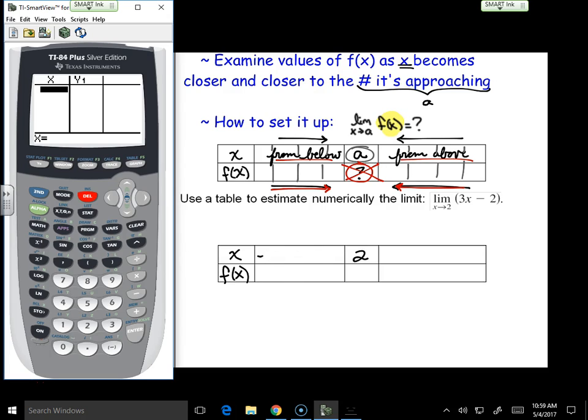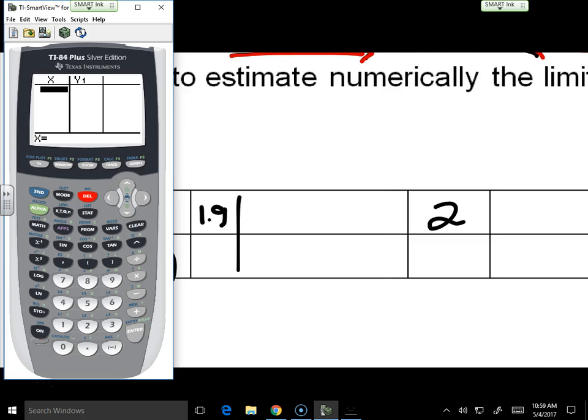So instead of starting from far away, we're going to zoom in super close. And that's just the beginning. 1.9, how close is that to 2? Pretty close. Coming from below, does that make sense when I'm starting at 1.9 and not like 2.1? 1.9 on a number line would be below 2.